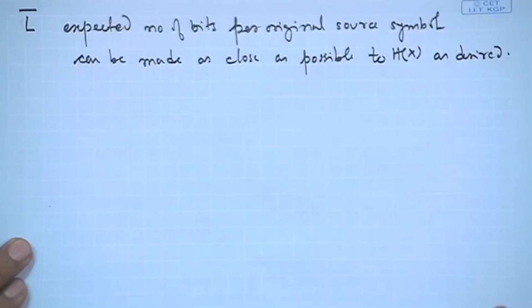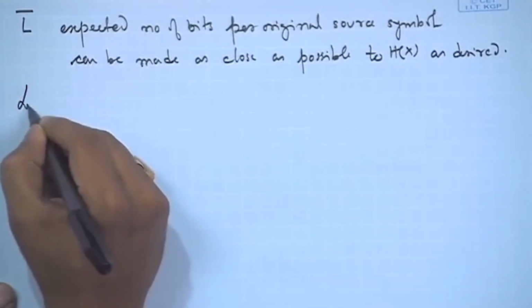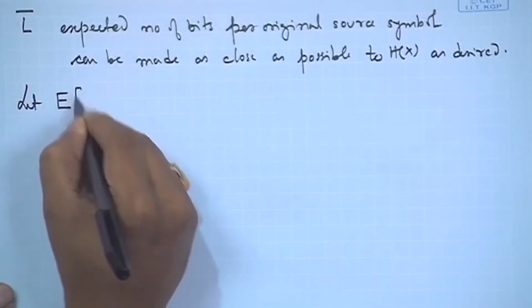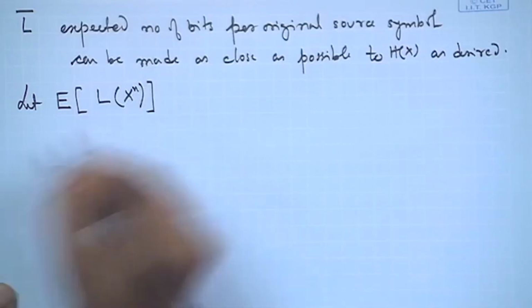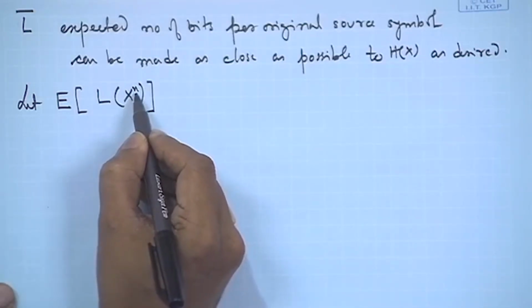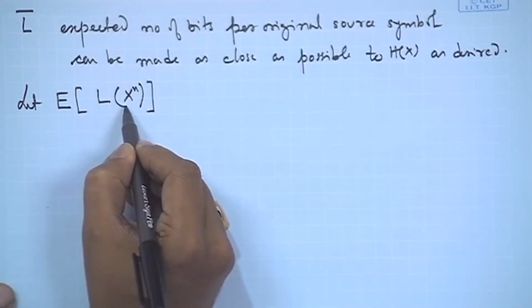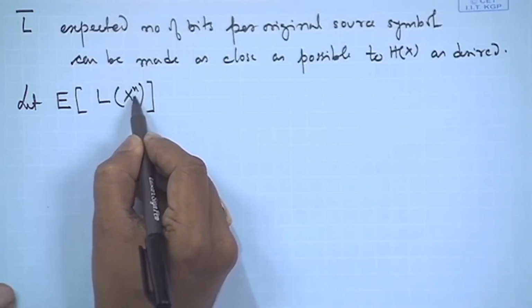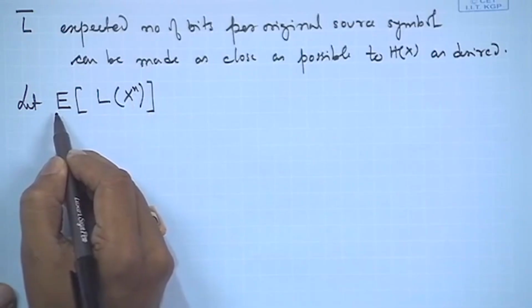We have seen a similar result in the case of fixed length code. We will see the similar thing. Let E[L(X^n)], where X^n is the block of length n, L is the length of code words where the source symbol is made up of n original source symbols, and E is the expectation operator.